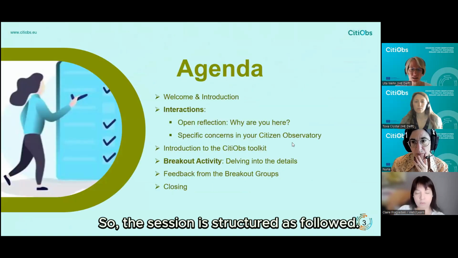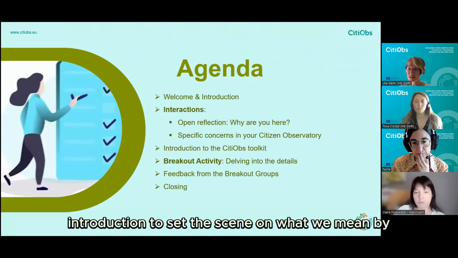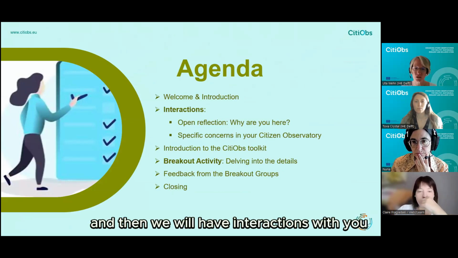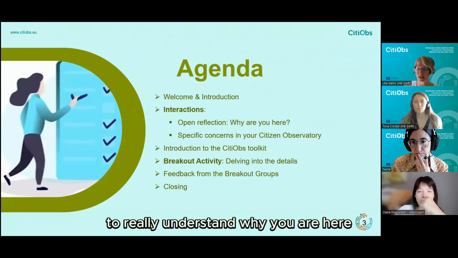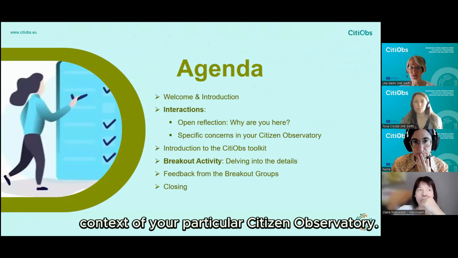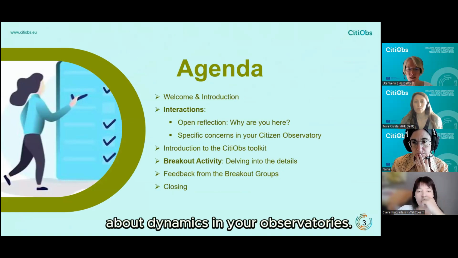So the session is structured as follows. We have a brief introduction to set the scene on what we mean by participation dynamics in citizen observatories. And then we will have interactions with you to really understand why you are here and in the context of your particular citizen observatory, and perhaps some specific concerns about dynamics in your observatories.